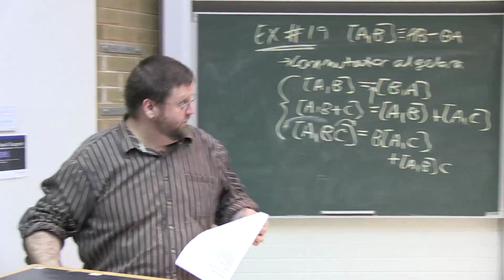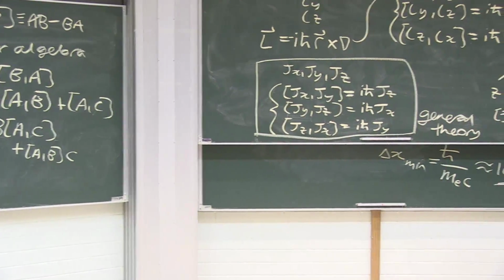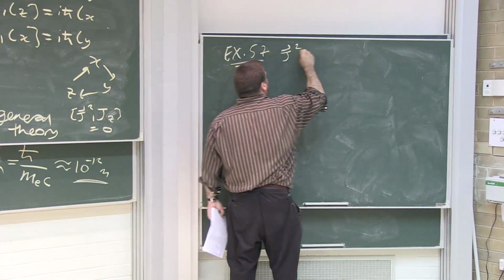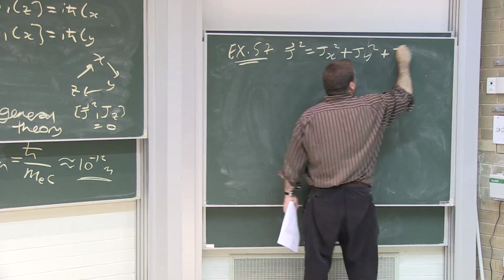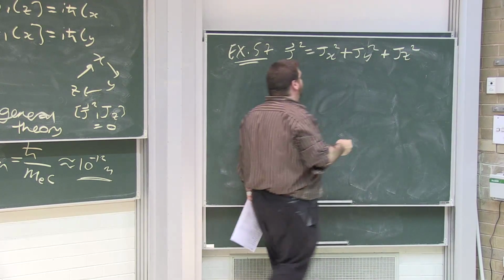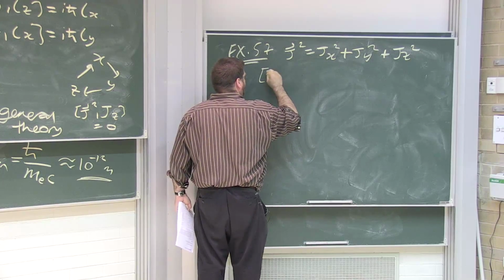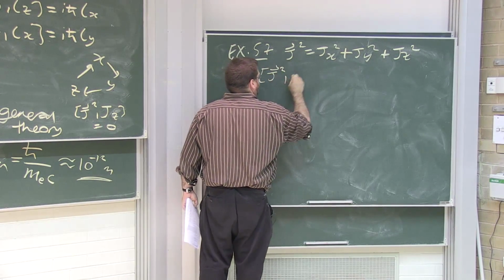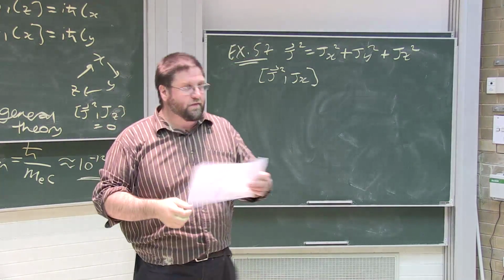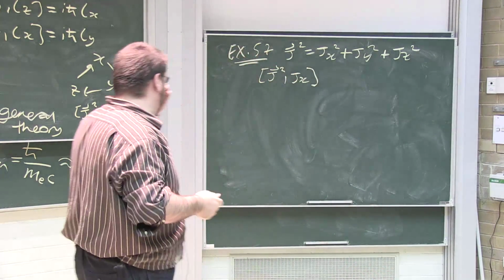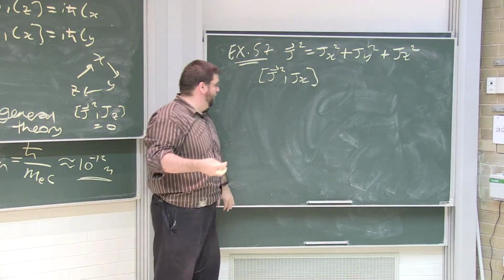So the first thing we want to deduce is exercise 57, which is a statement that J squared has a zero commutator with Jx and Jy and Jz. And I'm just going to do one example of this, which is to show that the commutator of J squared with Jx vanishes, because the commutator of J squared with Jy or Jz will be analogous.